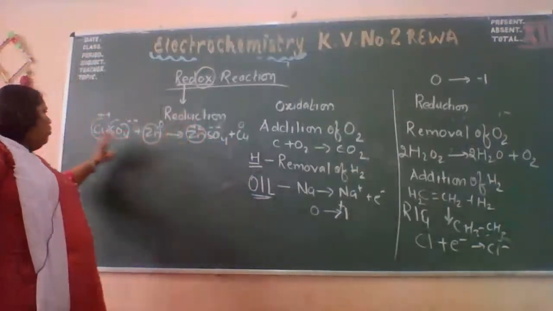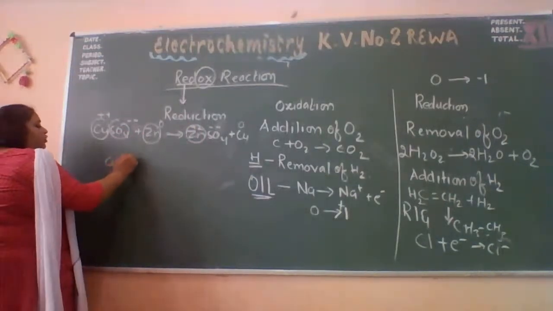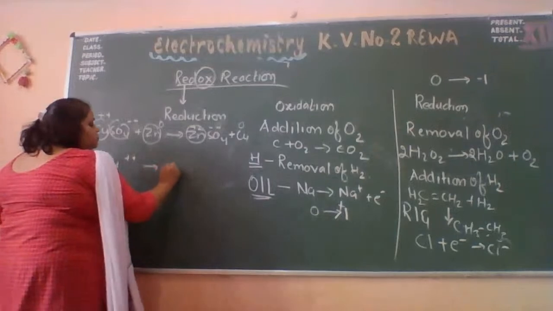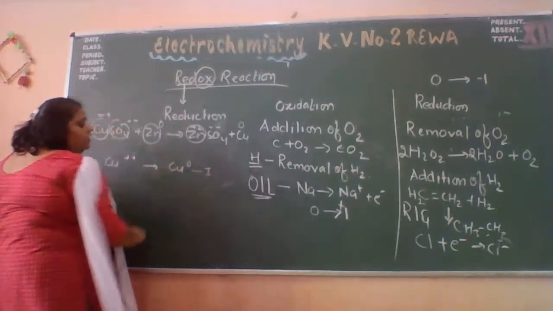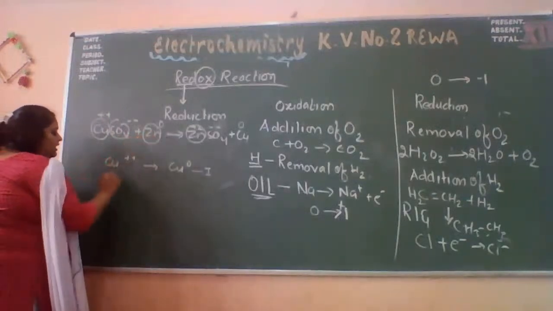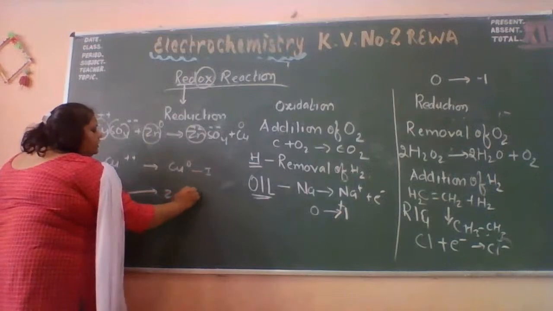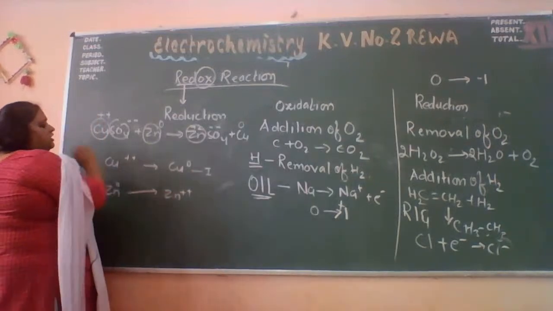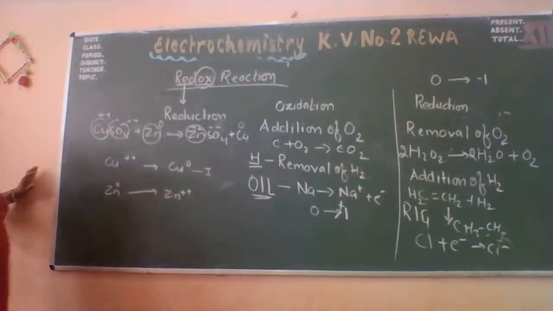So now what the change you are going to see here? Copper from plus 2 is changed to the copper 0. This is one change going to take place. The second, Zn is converted into Zn2 plus. It was earlier 0, now it is the plus 2.